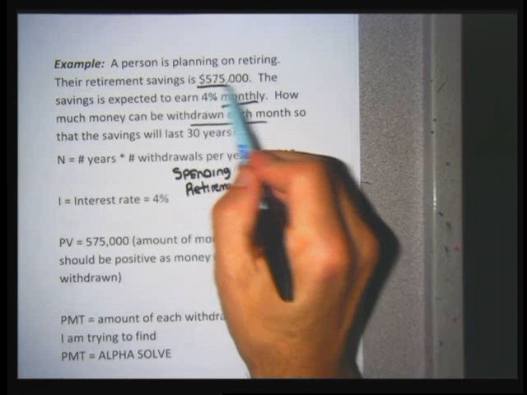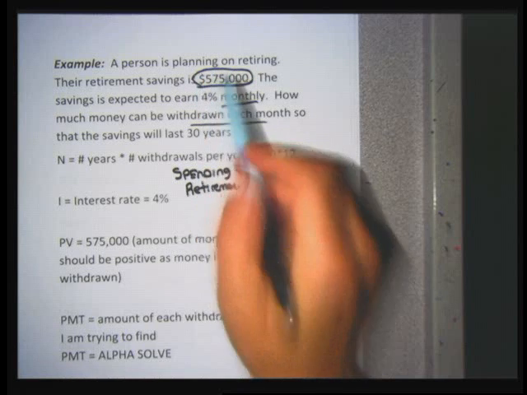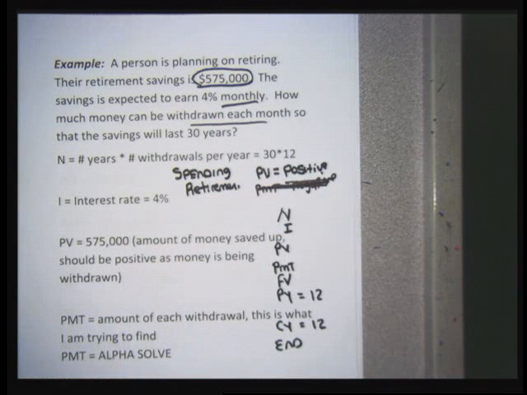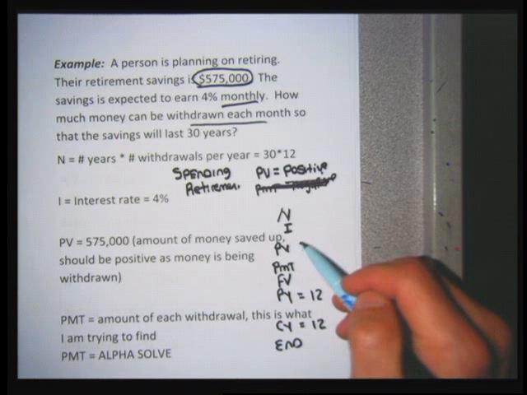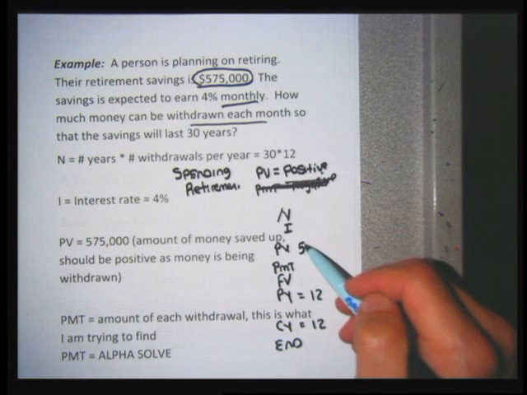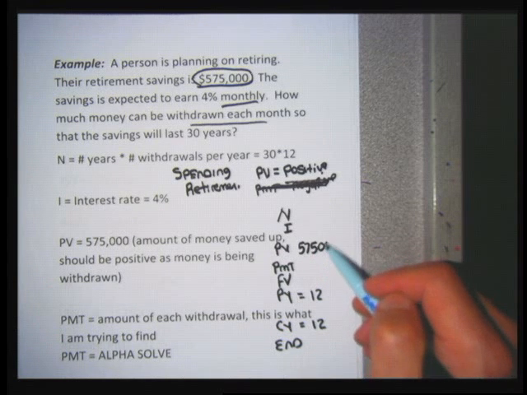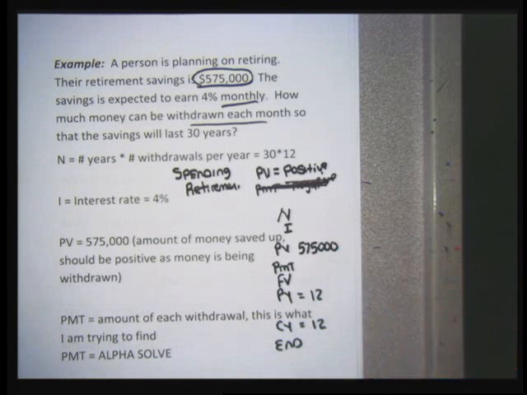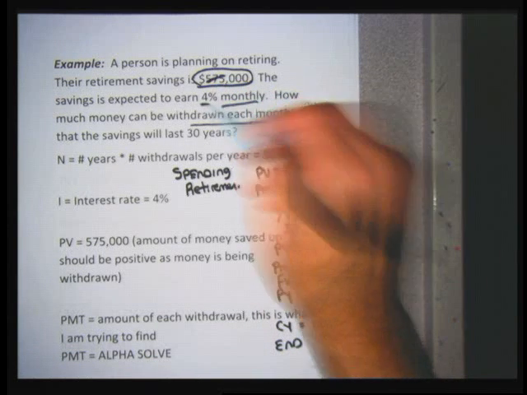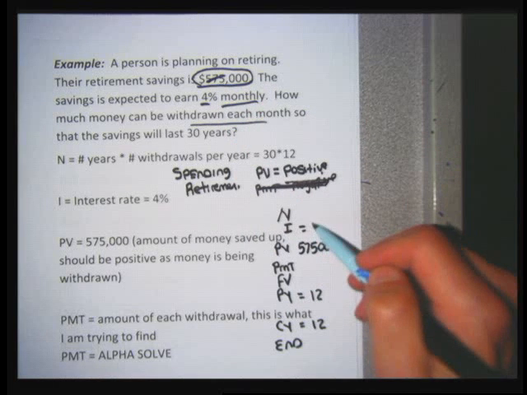The first amount, the $575,000, that's what they presently have in their account when they go to retire. It's a present value as opposed to a future value. It's what they're going to start living off of. And it goes in as a present value. And while you're pulling money out for retirement, it goes in as a positive. So that number's gone. The next number, the 4%, must be the interest rate.